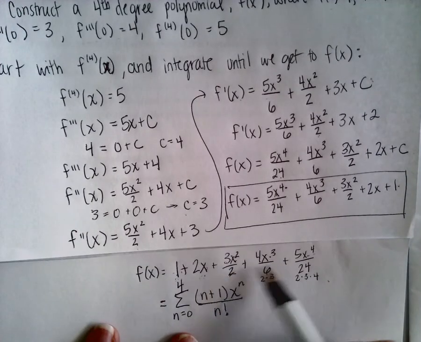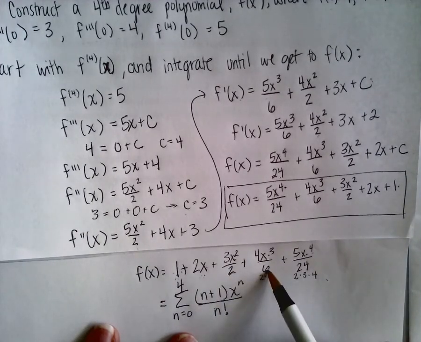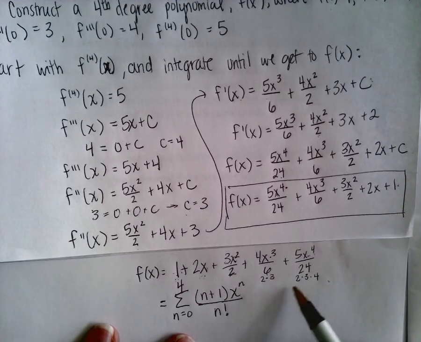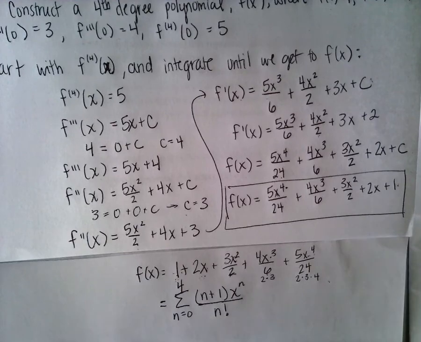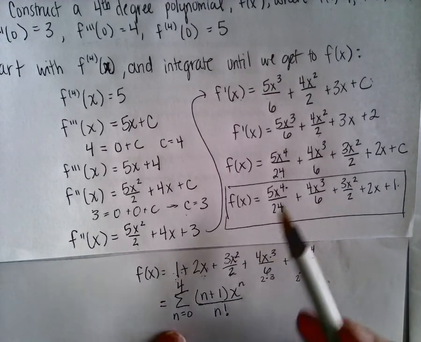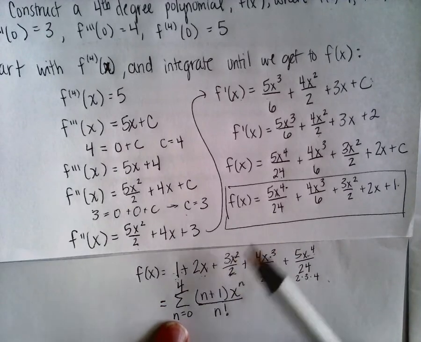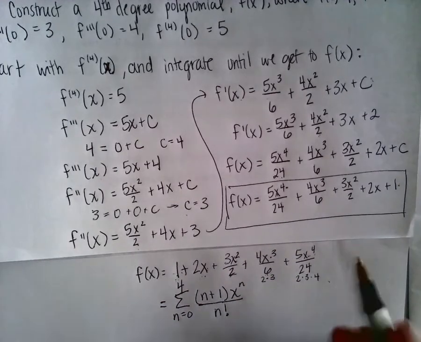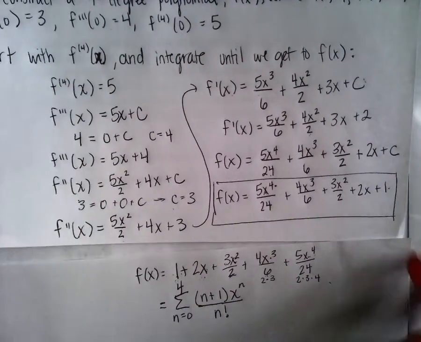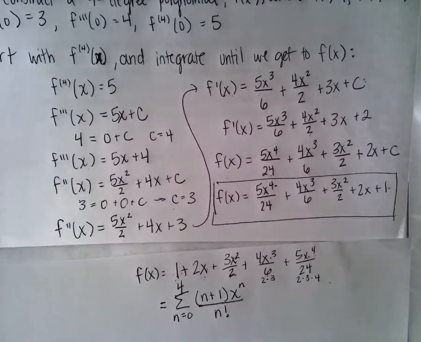This is 3 factorial. 3 times 2 times 1. This is 4 factorial. 4 times 3 times 2 times 1. So n factorial there. So this is why factorials become important with series, because when we integrate multiple times, we're going to end up with factorials in our denominators. So those will continue to pop up. Super cool.